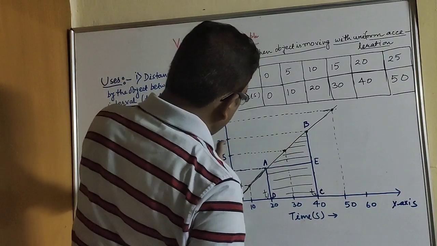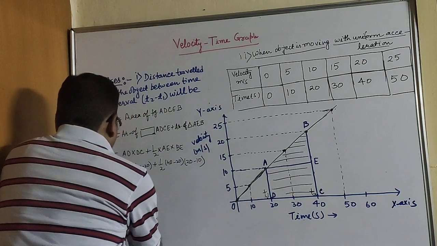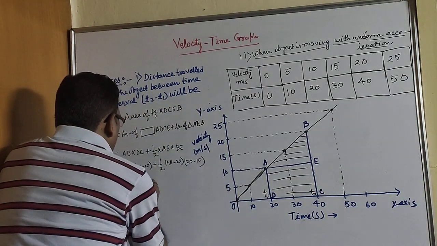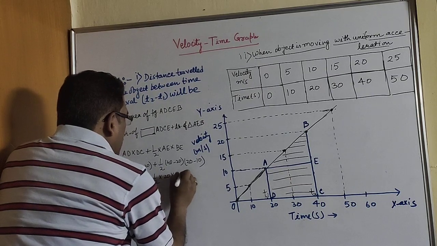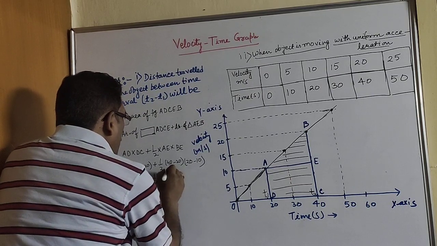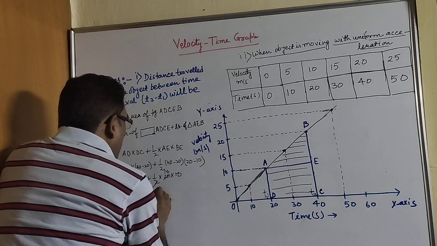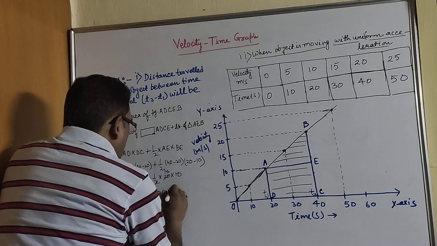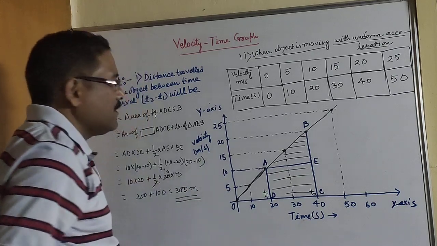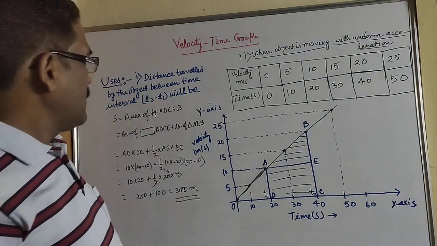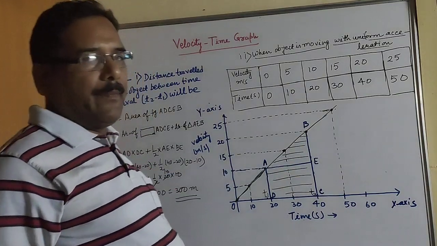Here the difference of velocities, that is 20 and this is 10. So it will be 10 into 20 plus half into 20 into 10. So it will be 200 plus 100 is equal to 300 meter. So this is the distance covered in time interval t2 minus t1 or between point A and B.